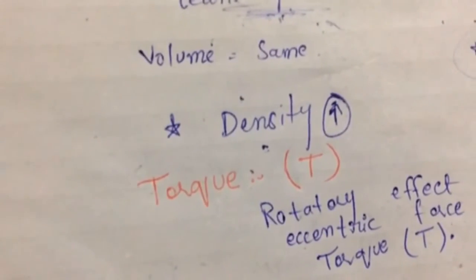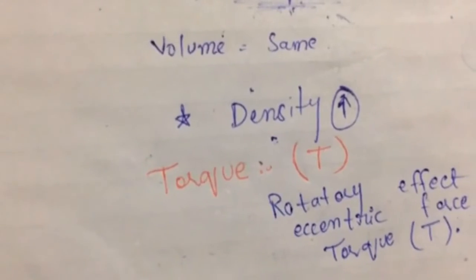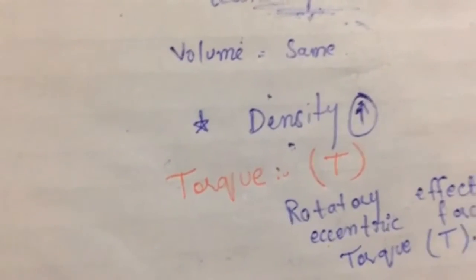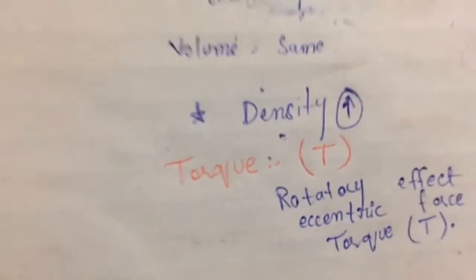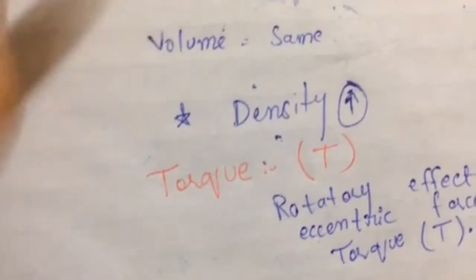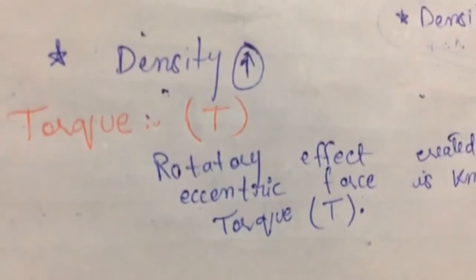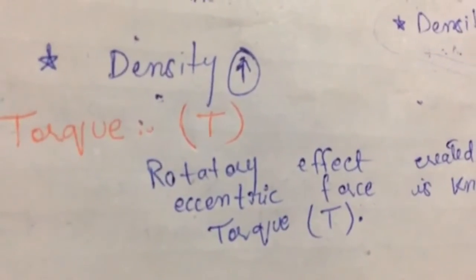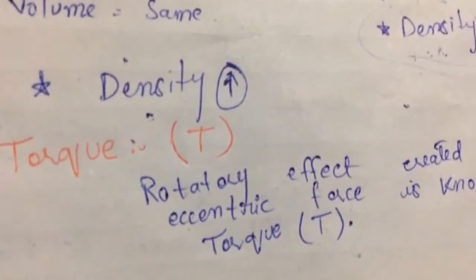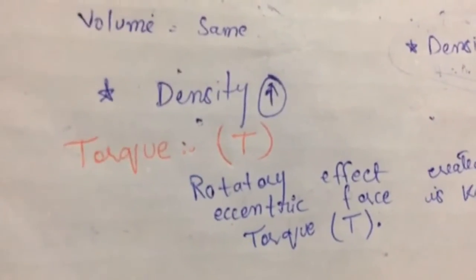So algebraically, torque is the product of force and the perpendicular distance. If we perform any motion that has translation with rotation, in the rotation they perform the perpendicular motion. Because of this perpendicular motion, we say there is a torque producing it. The force we apply acts through a perpendicular distance from the force's line of action to the axis of rotation.